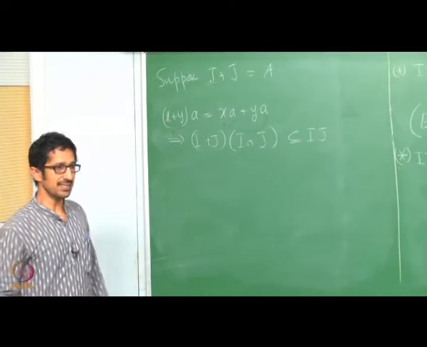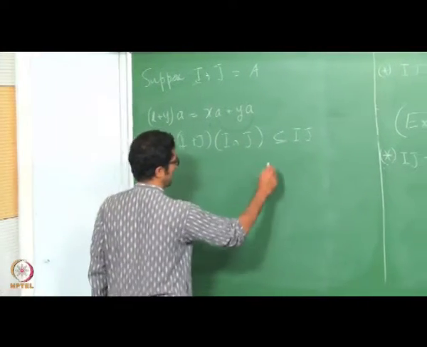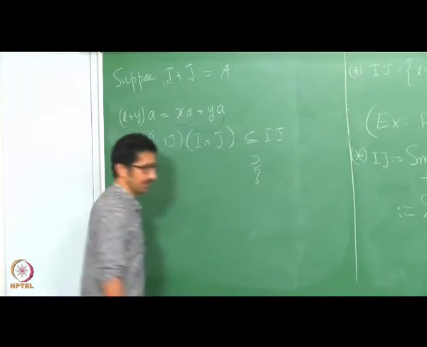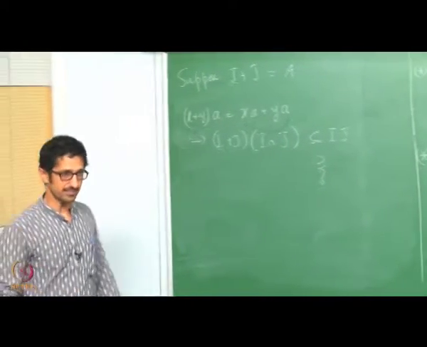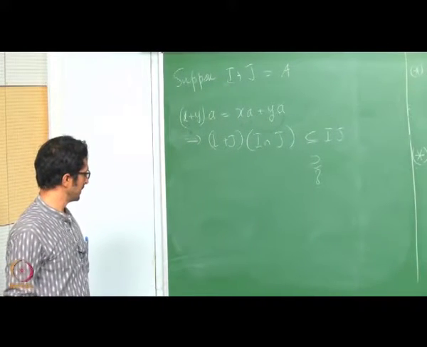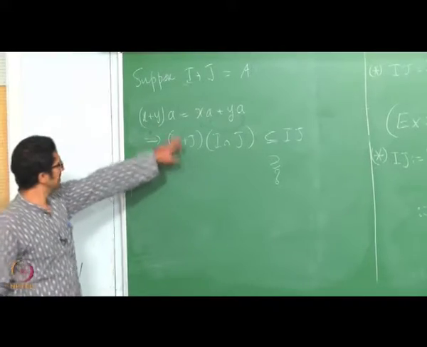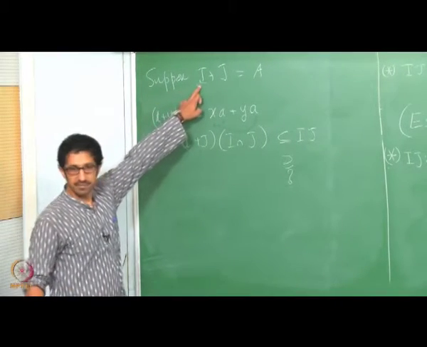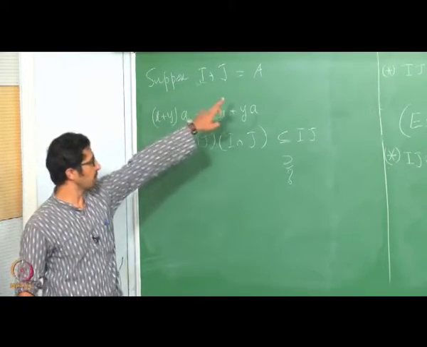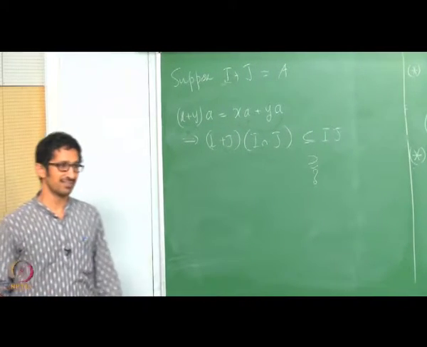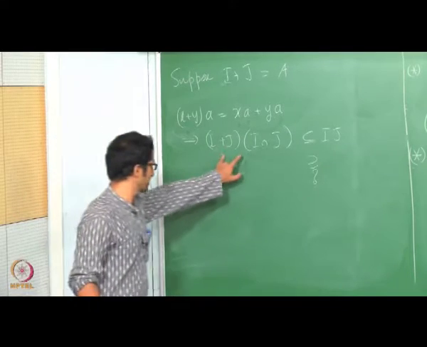The question is, can we say that this is true? So suppose now this becomes clear, right? If I plus J is the whole ring, what is this product?